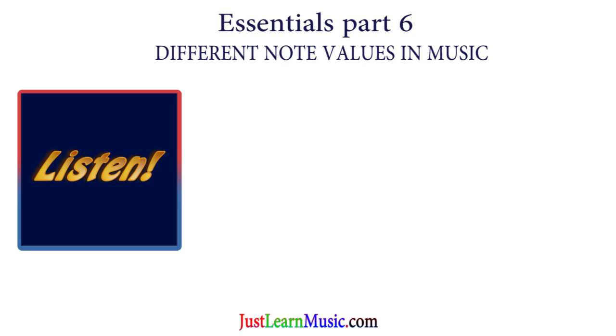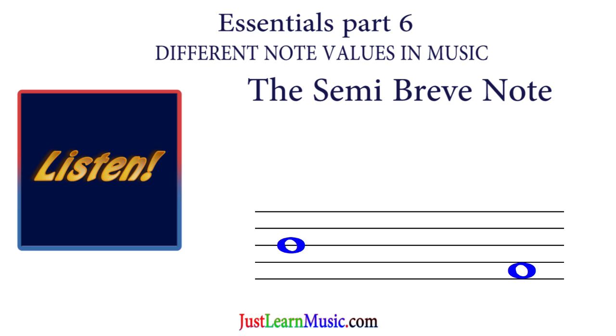The semibreve note. This is an oval-shaped note head which is hollow and not filled. This note head has no stem. This happens to be a 4 crotchet count note, which means if you saw this note, you'd have to sing it or play it for 4 counts.